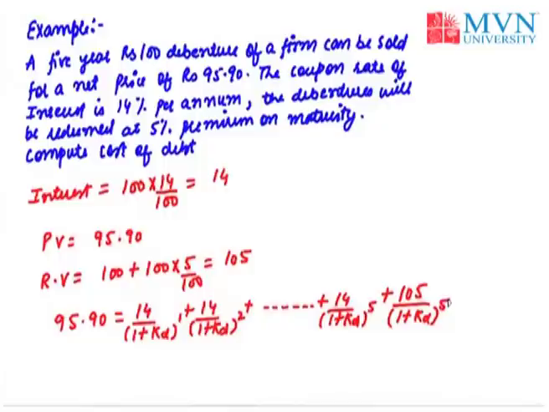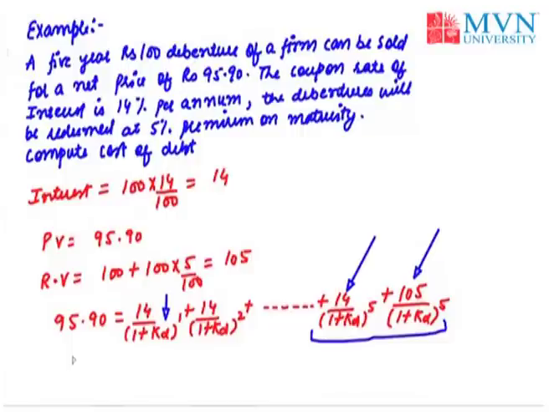Since both the interest and redemption are happening in the 5th year, we are discounting the last interest inflow and the redemption value with the same number of years. So here, by using the hit and trial method on kd, we can easily calculate the cost of debt.